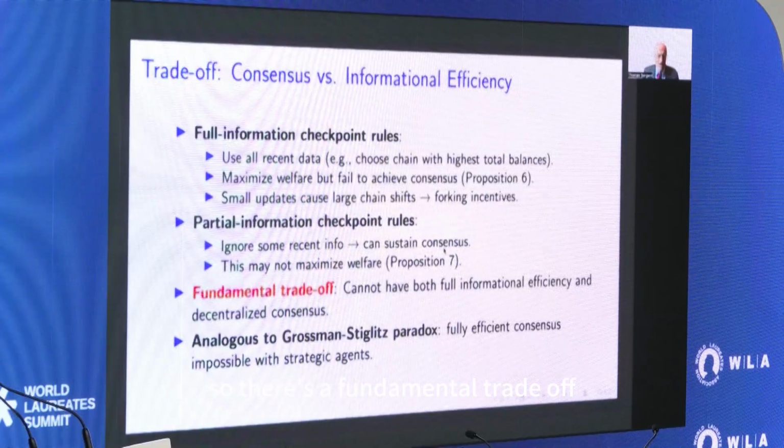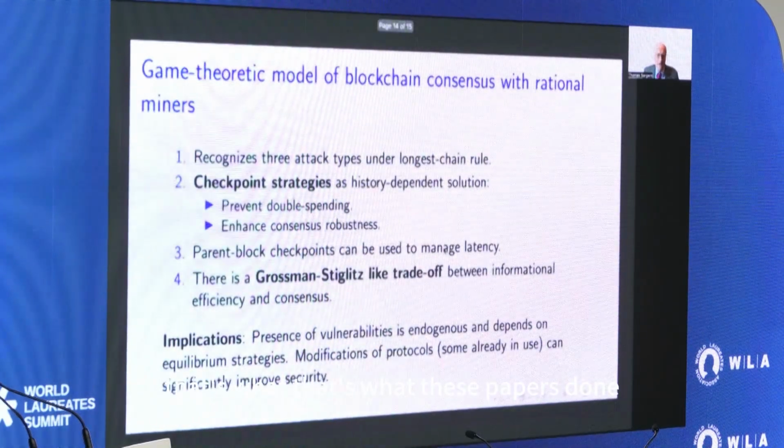So there's a fundamental trade-off which they've discovered, and it's a sophisticated version of an old problem that Grossman and Stiglitz identified in very important work in the late 70s, early 80s. Fully efficient consensus is impossible with strategic agents in this mechanism. So that's what this paper's done, and it's readable.